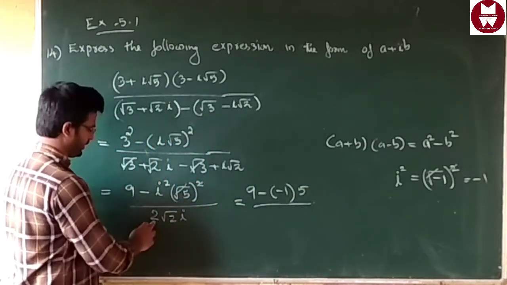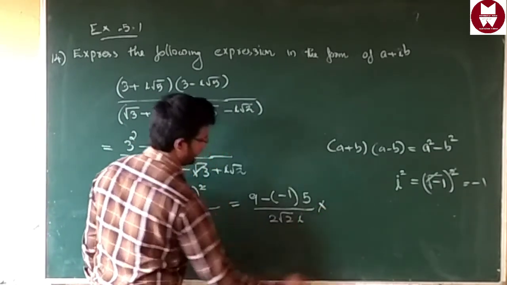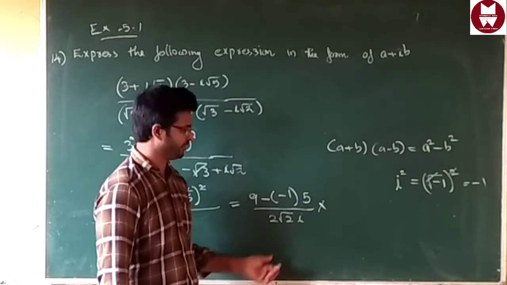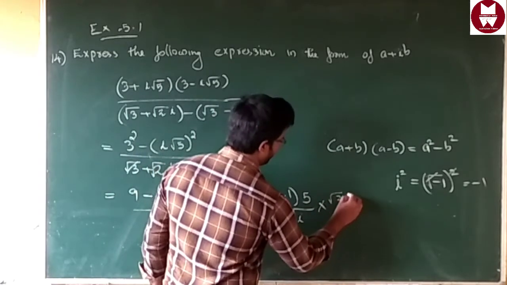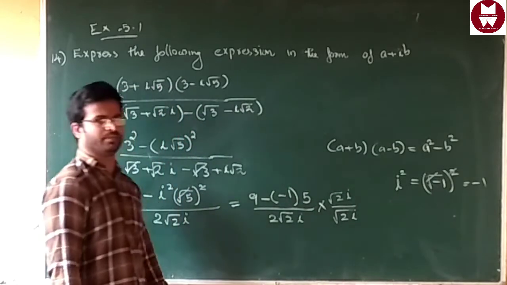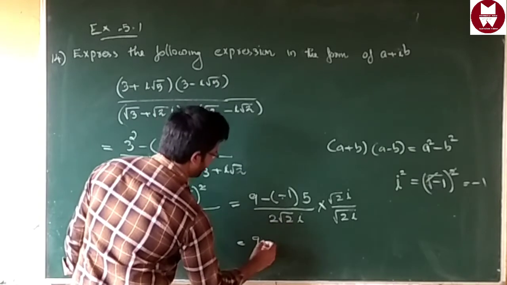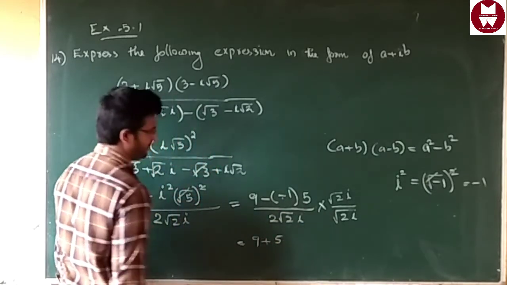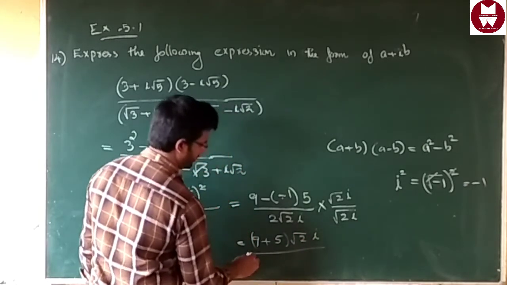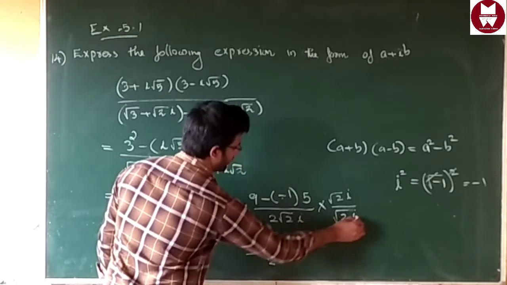Divided by the denominator 2 root 2i. Here we cannot keep root 2i in the denominator. That's why we multiply with root 2i in the numerator and the same number in the denominator also. Then what will you get? 9 plus 5, root 2i divided by 2 root 2 into root 2, you will get 2, then i into i, that is i squared.